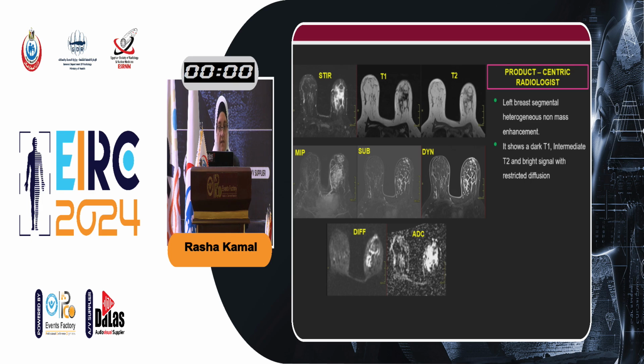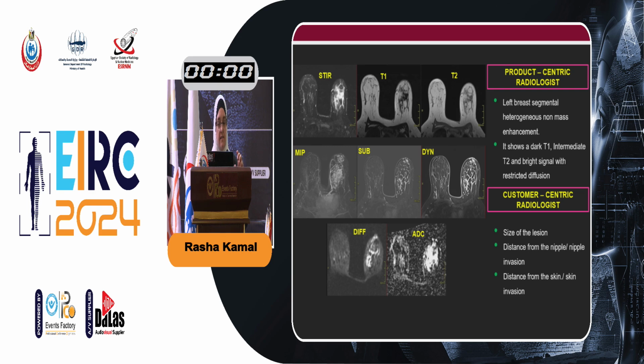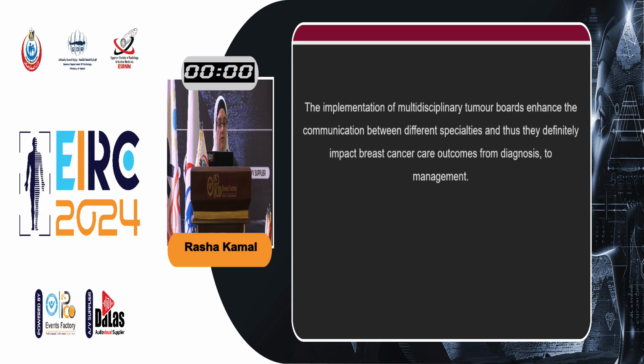It shows a dark T1, intermediate T2, and bright signal and with restricted diffusion, but a customer-centric radiologist would mention the size of this non-mass enhancement, the distance from the nipple, if there is nipple invasion or not, the distance from the skin, and if there is skin invasion or not.